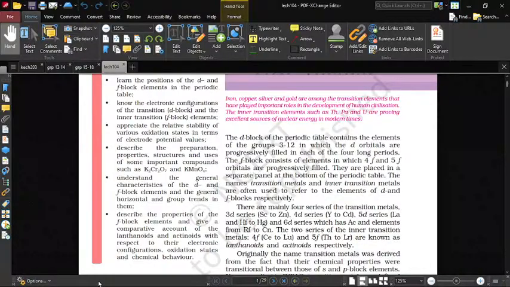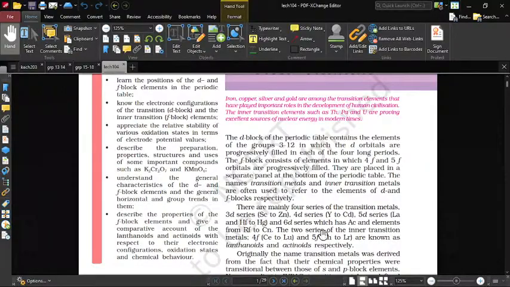There are mainly four series of transition metals: the 3d series, Sc to Zn, that is, scandium to zinc, and then the 4d series, yttrium to cadmium, after that lanthanum and hafnium to mercury, and the 6d series, which is actinium and the elements from rutherfordium to Cn, copernicium.